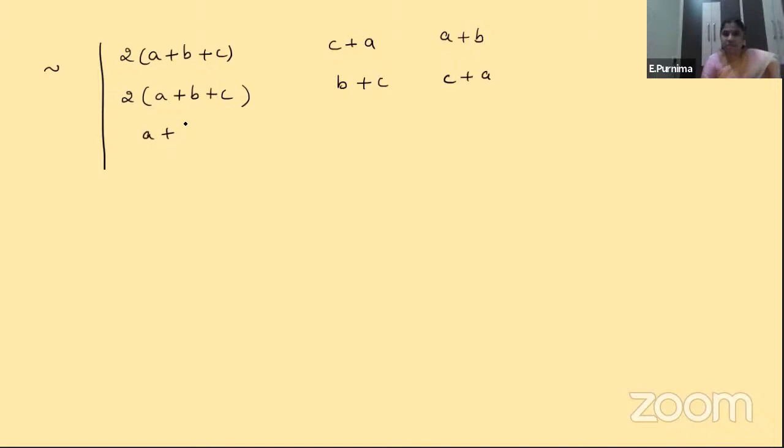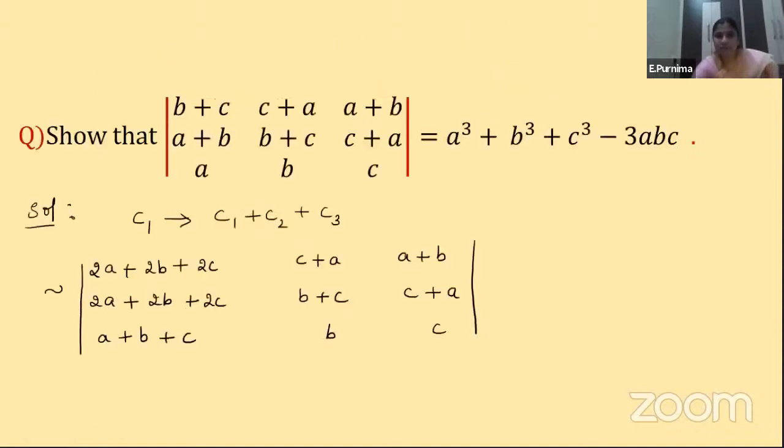So let us once verify. Let us check whether it is right or not. B plus A plus B, B plus C, C plus A. Okay. So it is correct.